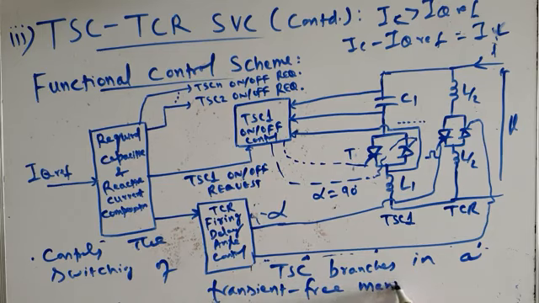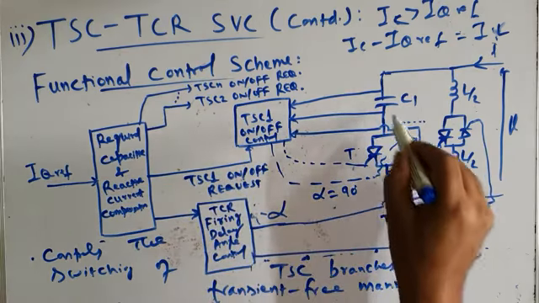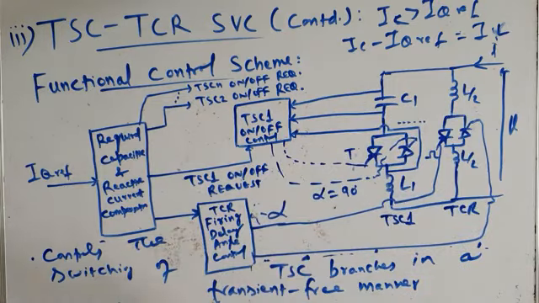You cannot switch in TSC arbitrarily anytime. The switching has to be done in such a way that transient free switching results. If you remember, there are 2 rules which have to be followed, rule 1 and rule 2, and following those 2 rules, transient free switching of thyristor switched capacitors results.